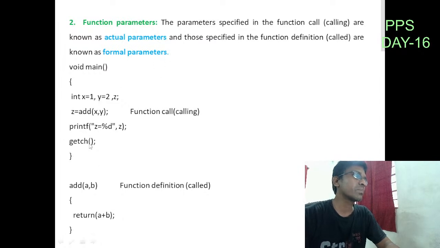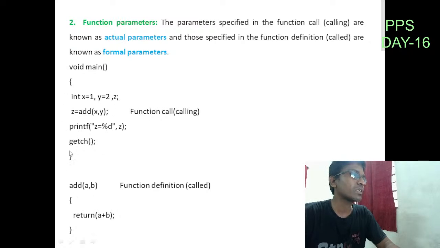So this is a simple example. Here I am writing the main function. Inside my main function, I am calling the add function, and the add function does not have any body. It is terminated by a semicolon, and this add function does not return any value. Why? Because it is a calling function only. Next, I am going to implement the add body or function definition after the closing of the main function.